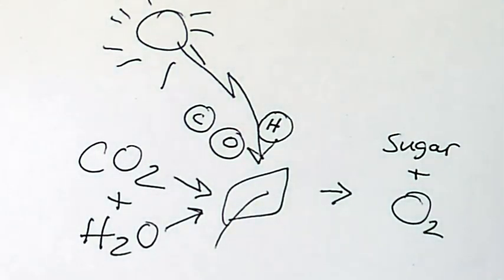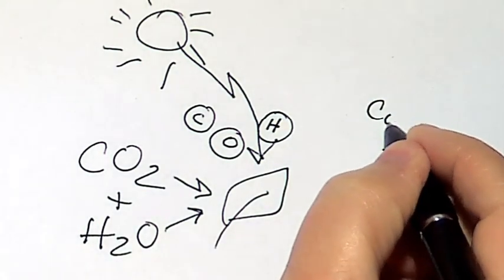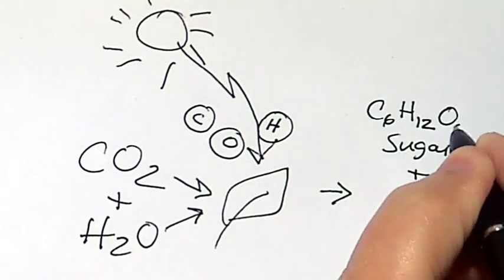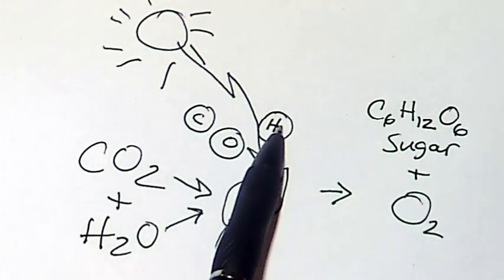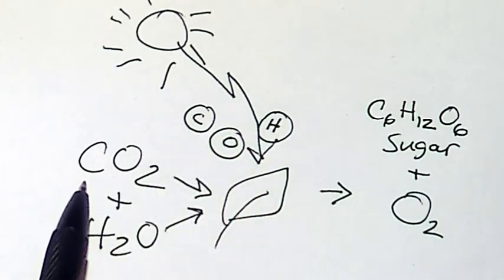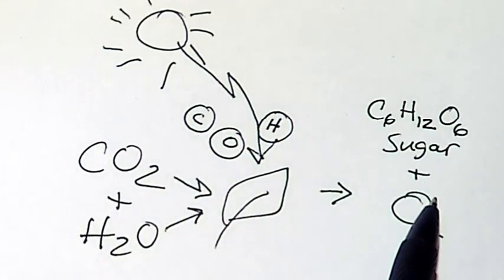The most common sugar is sucrose. It's C6H12O6. So these atoms are just rearranged from the left side of the equation to the right side.